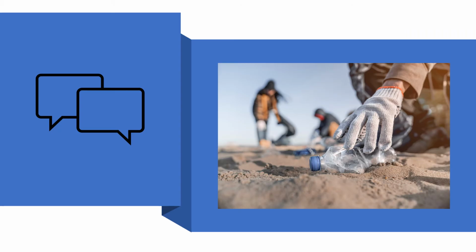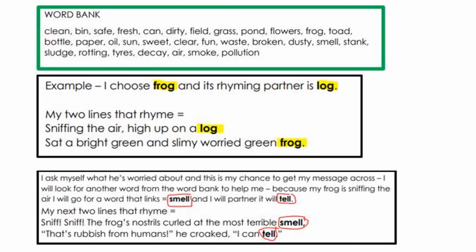Remember the message. We're wanting to keep our environment clean and safe. I'm going to give you a word bank and you can stay on target with the message. So the success criteria for this activity is 8 lines of poetry with 4 pairs of 2 lines that rhyme.